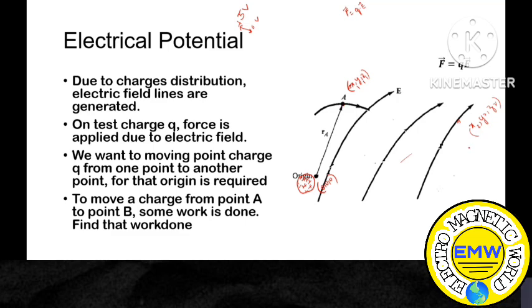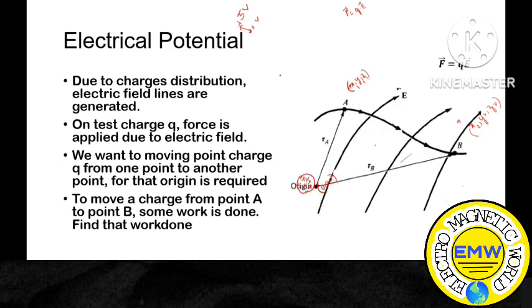So these are the position vectors. RA and RB are the position vectors. You can easily calculate these position vectors by a formula: R equals x1 minus 0, plus y1 minus 0, plus z1 minus 0. So from this formula you can easily calculate the position vector values.